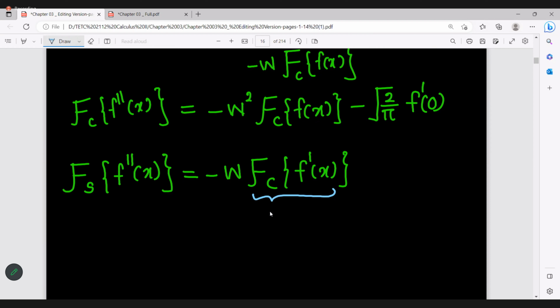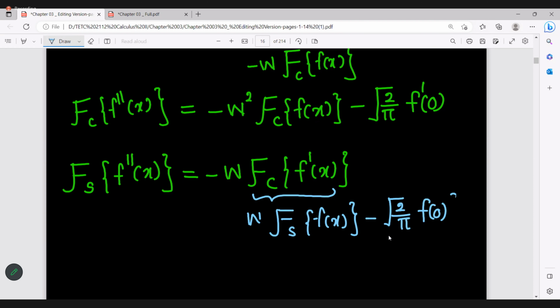The expression for the Fourier cosine transform of f dash x is equal to w times the Fourier sine transform of f of x minus square root of 2 over 5 f of 0. So we are replacing this Fourier cosine transform of f dash x by this one, and we need to multiply this entire expression by this minus w.